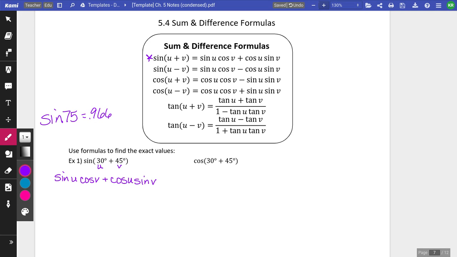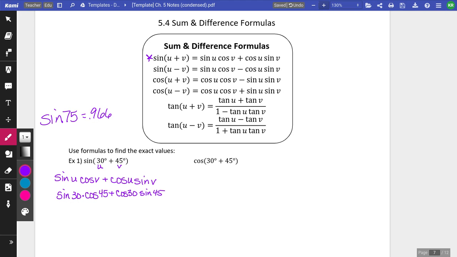So if I rewrite this, sine of u, so that's going to be sine of 30 degrees times cosine v, so cosine of 45 degrees plus cosine of 30 degrees times sine of 45 degrees.